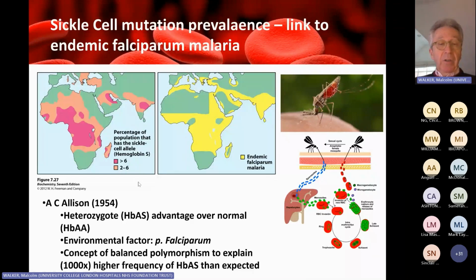It was very early work in the 1950s that suggested that heterozygosity of the sickle mutation carried an advantage over normal hemoglobin in resistance to falciparum malaria, so that the carrier rate of the mutation tends to focus around areas where that is an evolutionary advantage, that is, the areas where the falciparum mosquito lives. I suppose we'll have to redraw these maps with global warming, as these mosquitoes move northward.